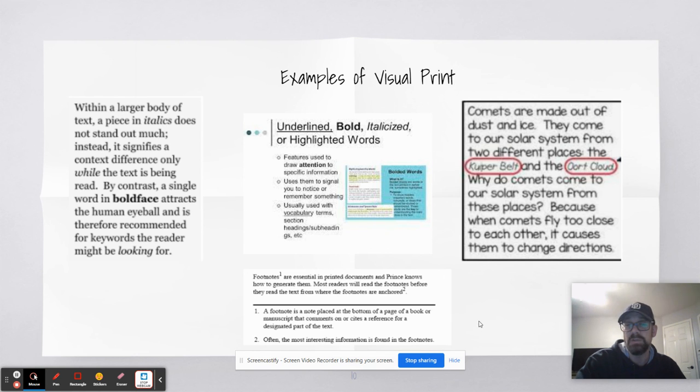Humor books often use footnotes to continue or tell a joke. So these are things that, when you see them, draw your attention. There'll be that additional spot down at the bottom of the page that provides more information. Okay, that's what I have for you on types of print today. Thanks.